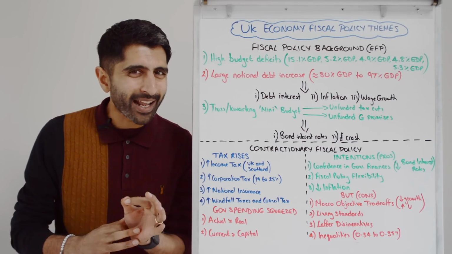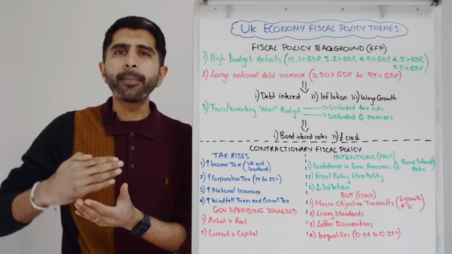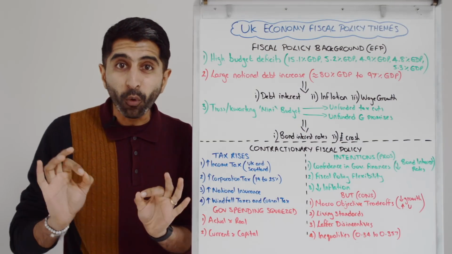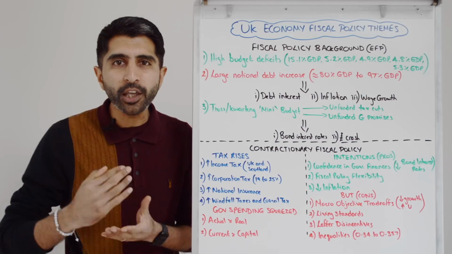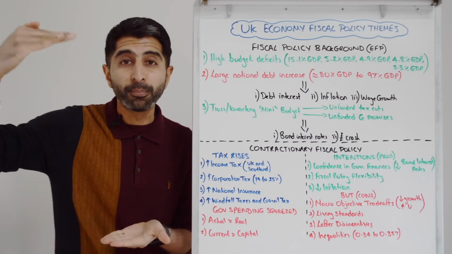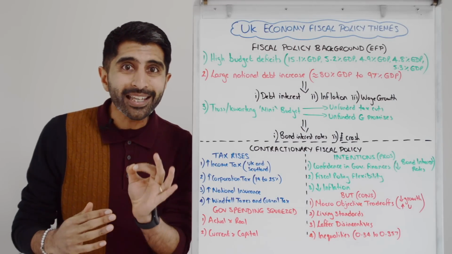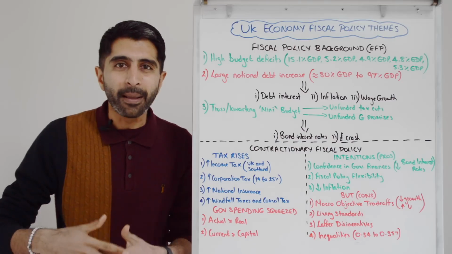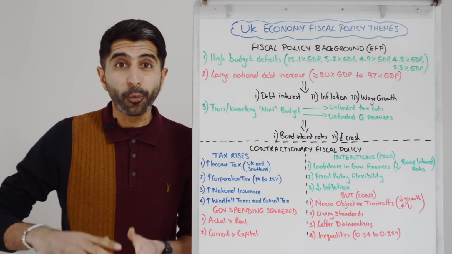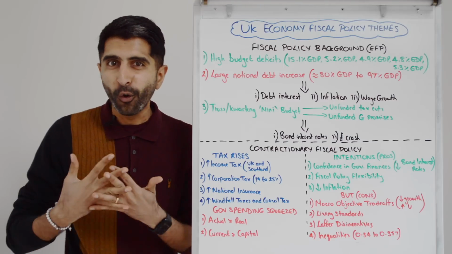Now, how is that a tax rise? Well, think every year people's pay goes up, hopefully in line with inflation, in which case workers are not better off. Their pay is only going up by inflation. But if that pay rise now drags more workers into higher income tax bands that have been frozen, it means those workers might end up paying higher rates of income tax, which could actually make those workers worse off.